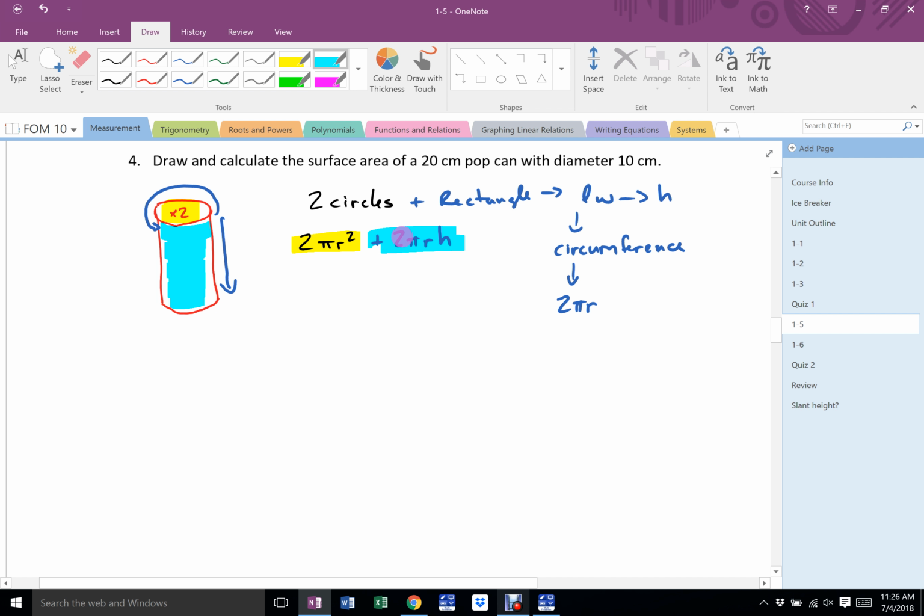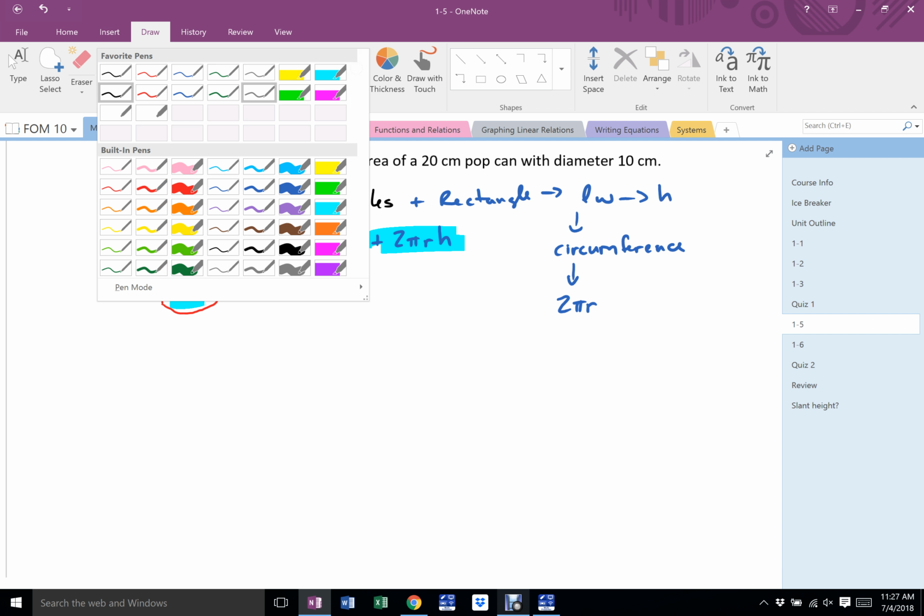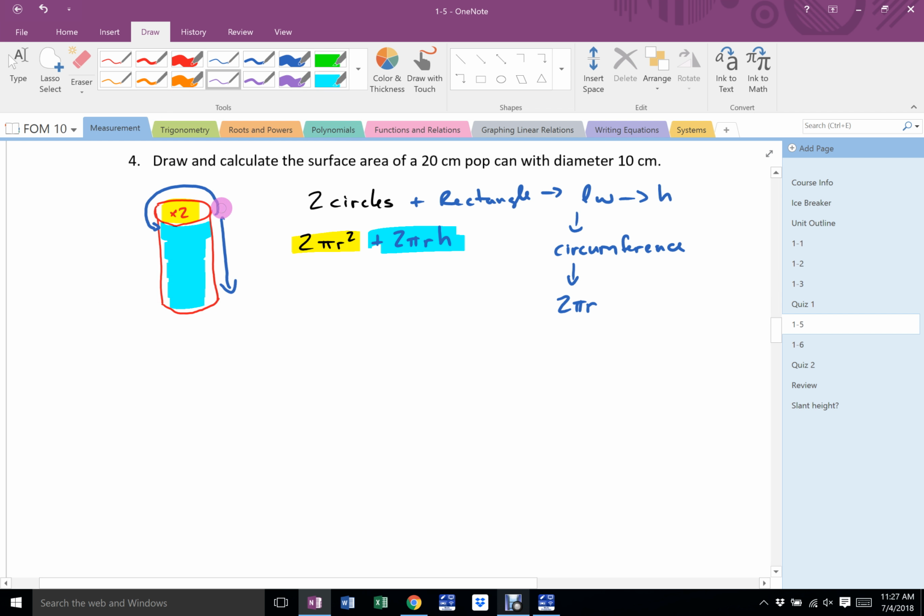Now there's a problem with this. If I say this pop can is lying on the ground, if you have not been paying attention, you are going to tell me that this h is that. Is it? No. So I am going to make a big deal right now of writing this down in a strange color, different than what I've been using a lot of.